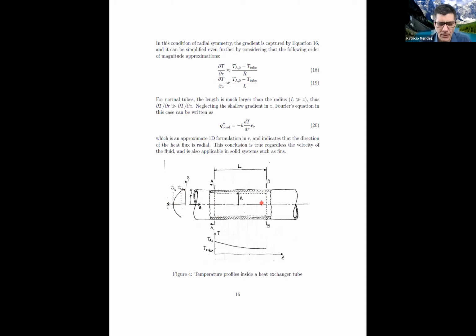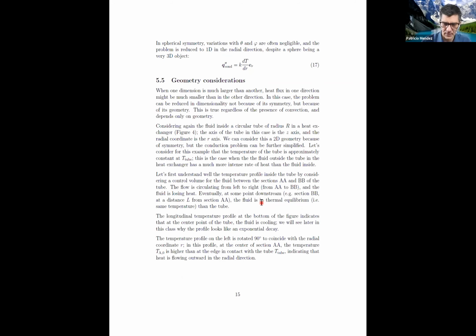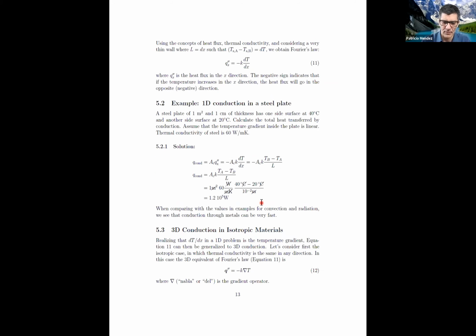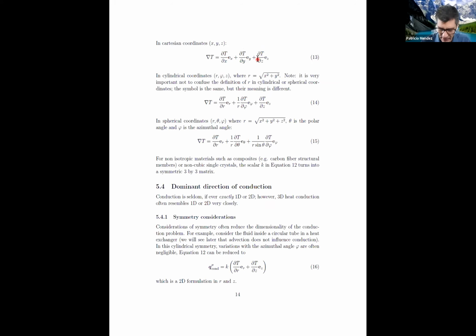Now let's do a little bit of an analysis. Heat transfer by conduction is proportional to the gradient. That's what Fourier's law tells us. In the case of cylindrical symmetry, the vector of heat transfer by conduction has a component that is radial, with a radial gradient, and a component that is longitudinal, with a longitudinal gradient.